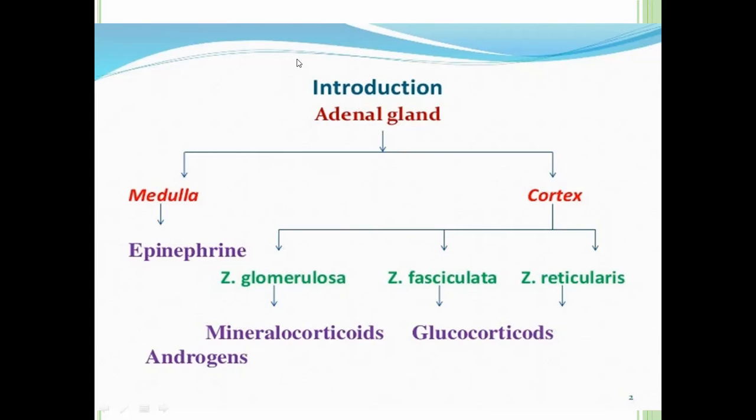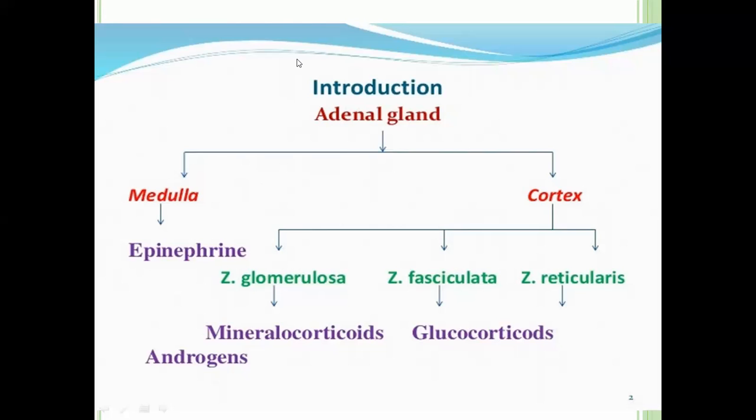The next point is aldosterone, a mineralocorticoid. Mineralocorticoids are released from which zone of the adrenal cortex? The outer zone. What is the name of this zone? Zona glomerulosa.